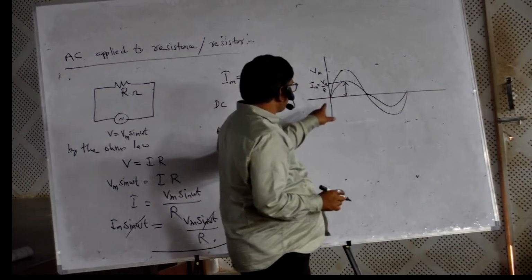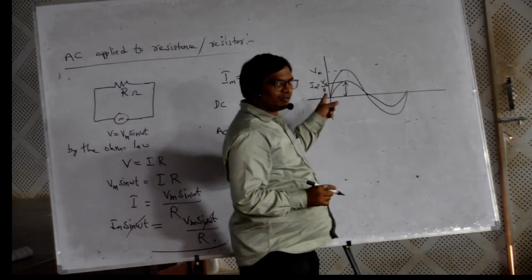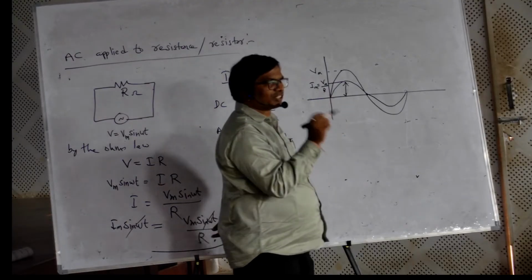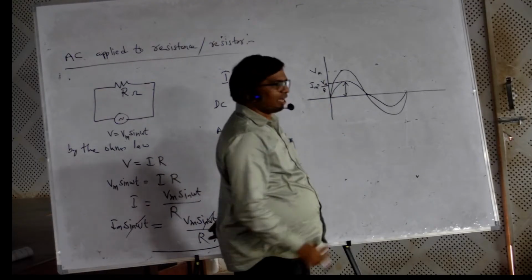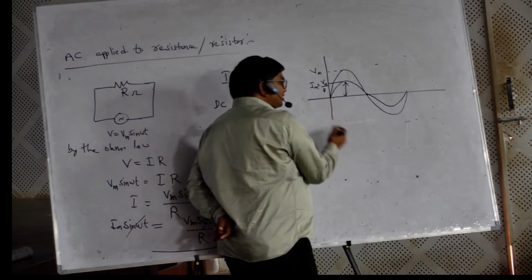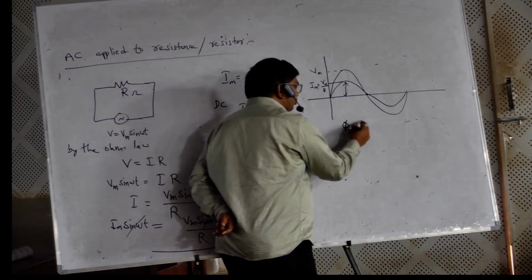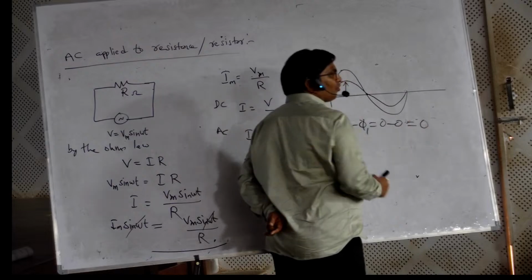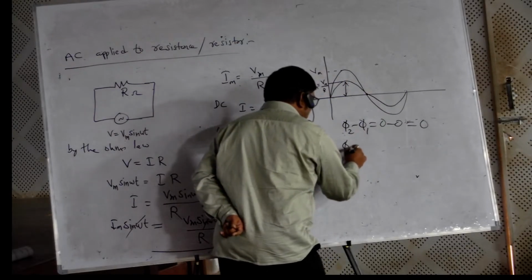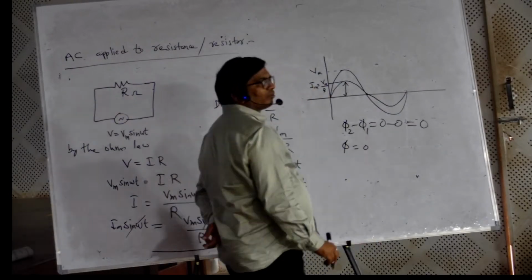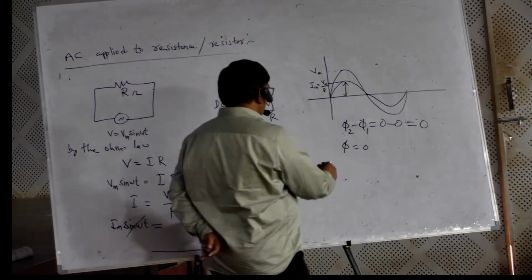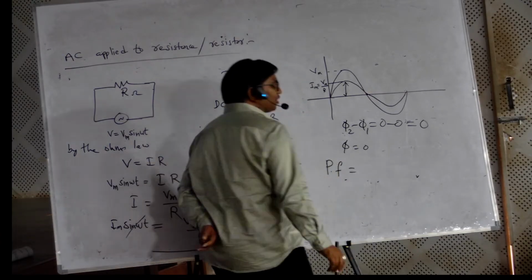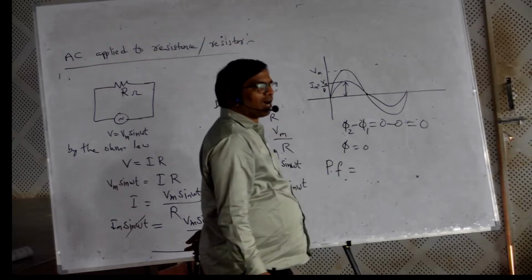What is the phase difference between them? Both waveforms start from the origin only. The phase difference is phi 2 minus phi 1, which is 0 minus 0, so 0. Now, what is power factor? What is the formula?